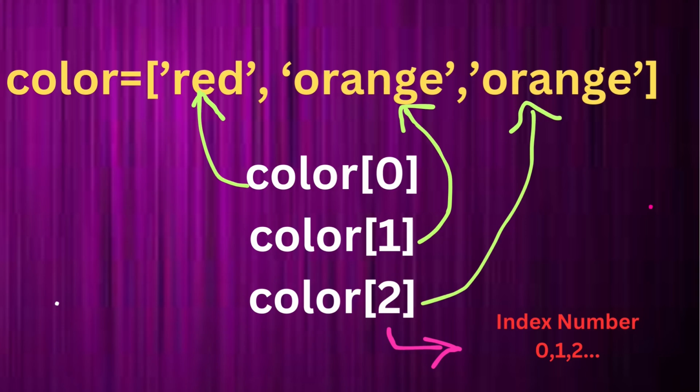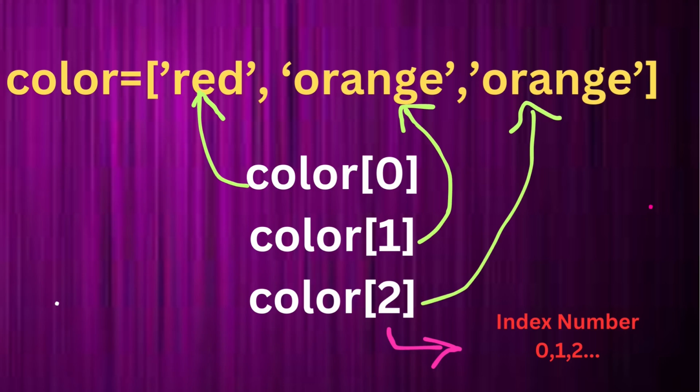For example, if a list has 5 values, the index positions will be 0, 1, 2, 3, 4. Many will get confused here, but after a while you'll get used to it. So always remember, index position starts from 0, not 1.